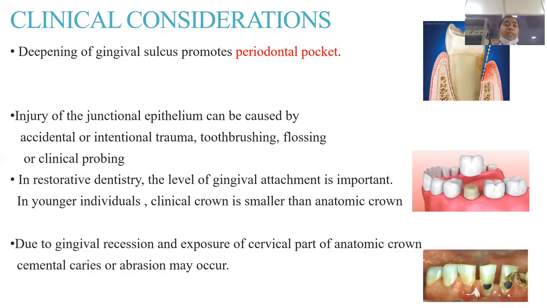In restorative dentistry, the level of gingival attachment is important. In younger individuals, the clinical crown is smaller than the anatomic crown. Then, due to gingival recession and exposure of the cervical part of the anatomic crown, cemental caries or abrasion may occur. These points can be seen in the picture beside it.